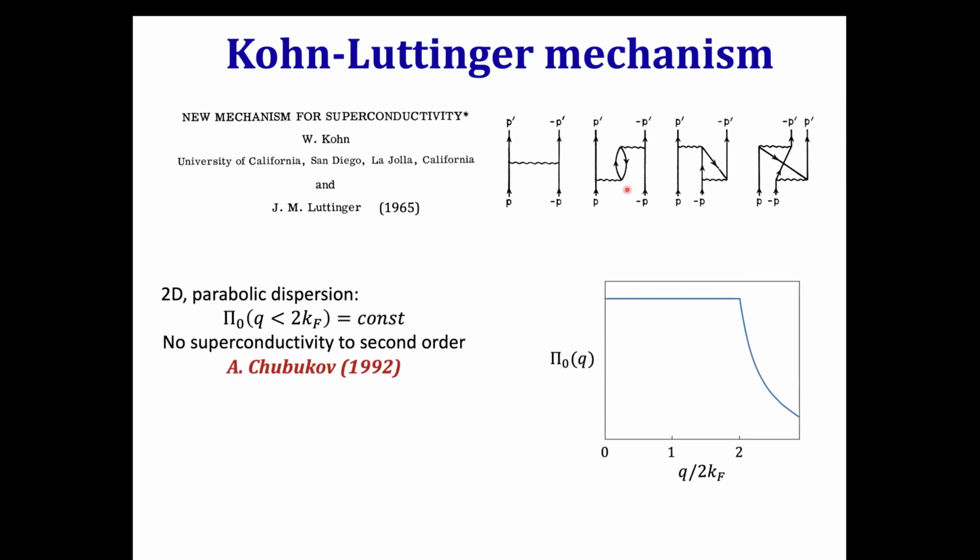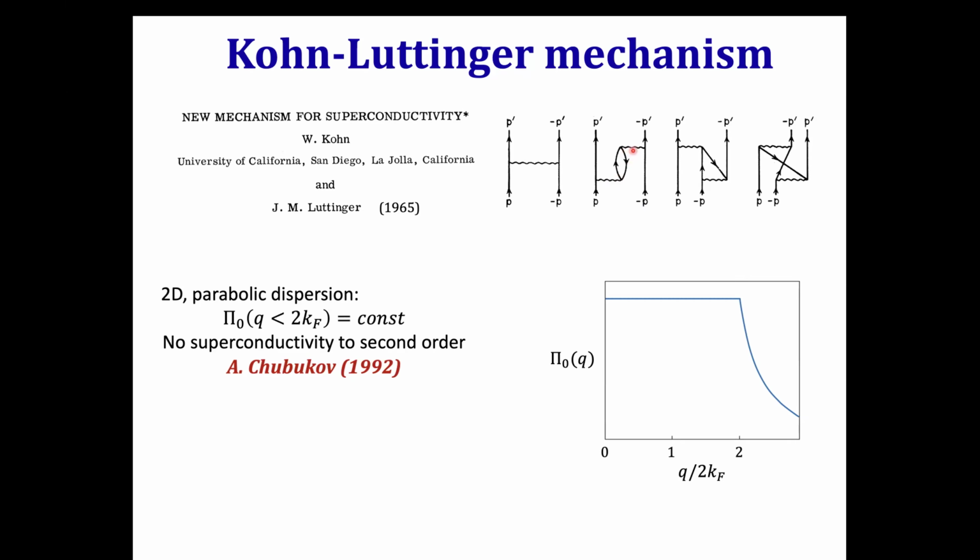It turns out that in two spatial dimensions, there's something special about this mechanism. This mechanism actually does not work very well for electrons with a purely parabolic dispersion. The reason is that this effective interaction to second order in the bare interaction actually contains this polarization bubble.